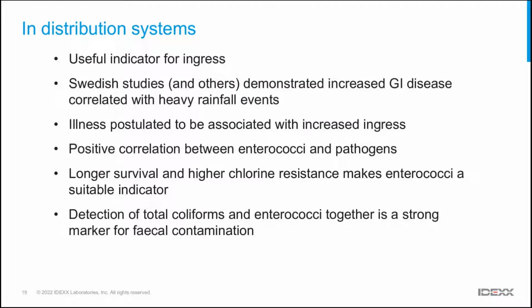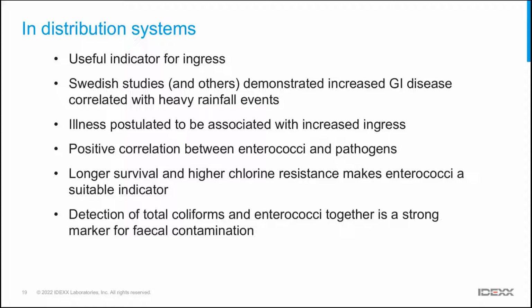In distribution systems, Enterococci are very useful as indicators for ingress, and there have been studies in Sweden and other countries which have demonstrated an increase in gastrointestinal disease correlated with heavy rainfall events, and the illness was postulated to be associated with increased ingress into the system during these wet weather events.